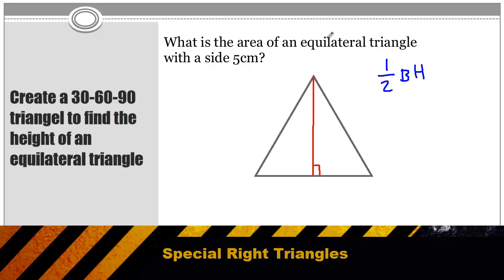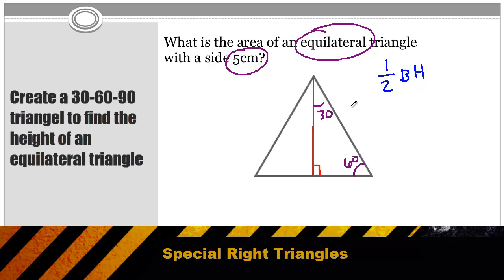The question has told me two things. One, that we're dealing with an equilateral triangle and the sides are 5 centimeters. Equilateral triangles have 3 angles that are all the same, or all 3 angles are 60 degrees. That means the triangle that I made when I drew my height is actually a 30, 60, 90 triangle.